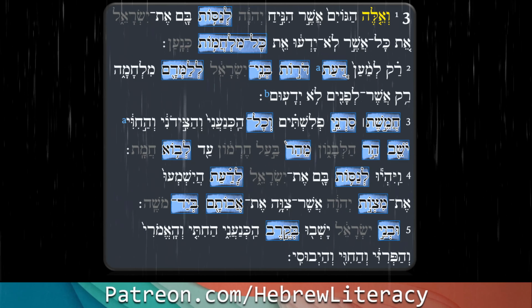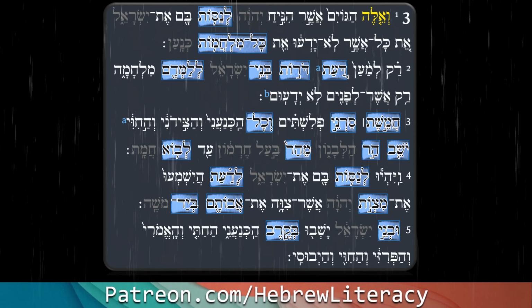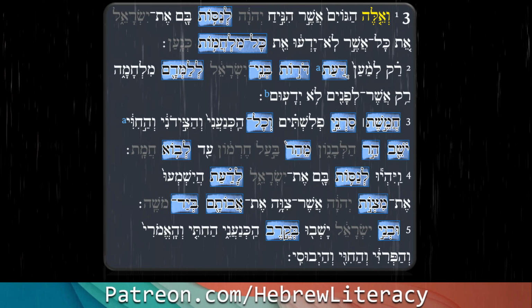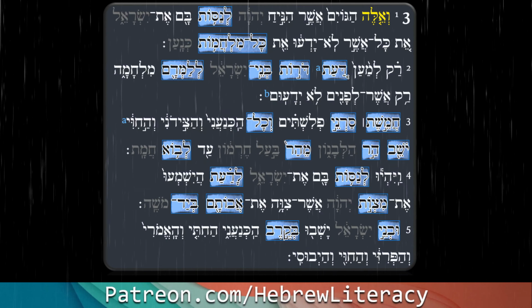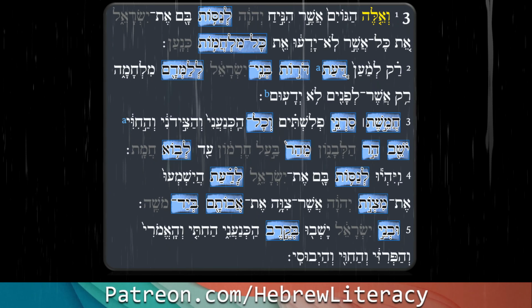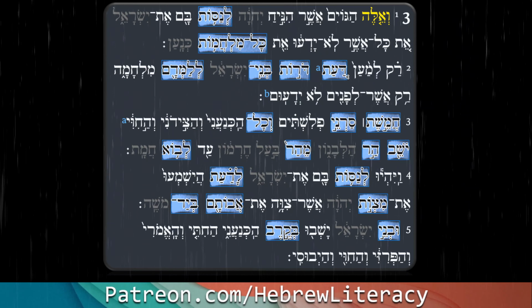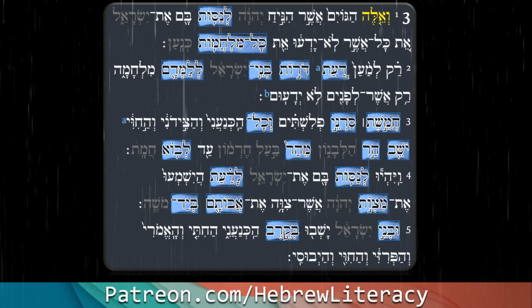See, it's got two different root letters. And it's in the piel form. You can tell there's a strong dagesh in the samech. So this word, I don't think we ever get it in the qal. In the nifal, like we have it here, it has the idea of to put to the test, right? We see this with Abraham Avinu.